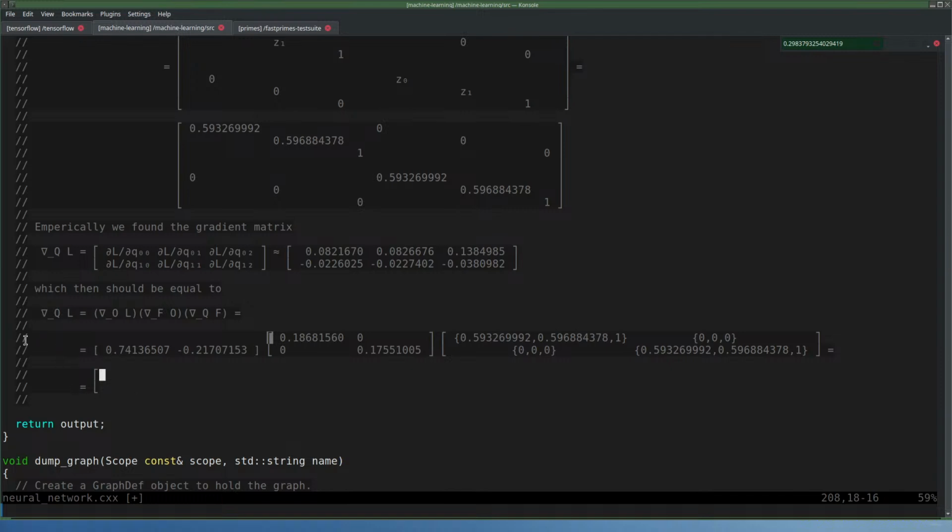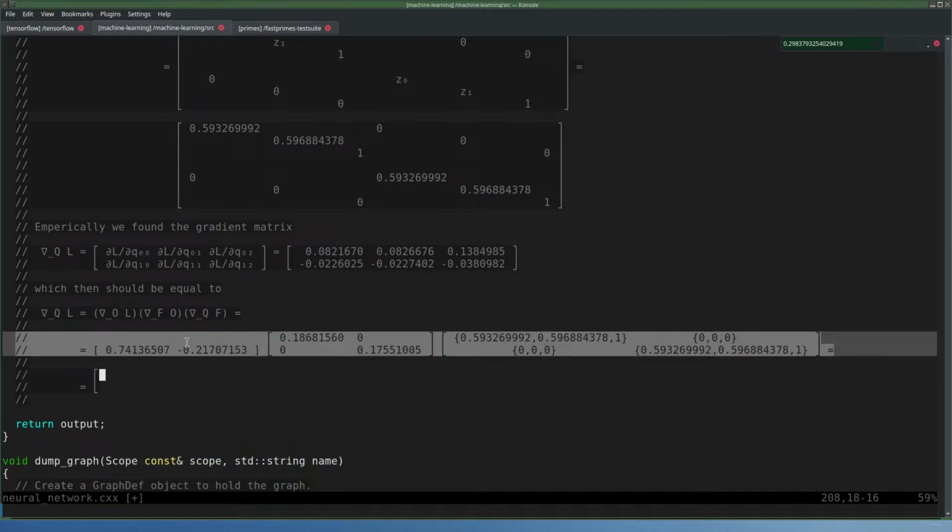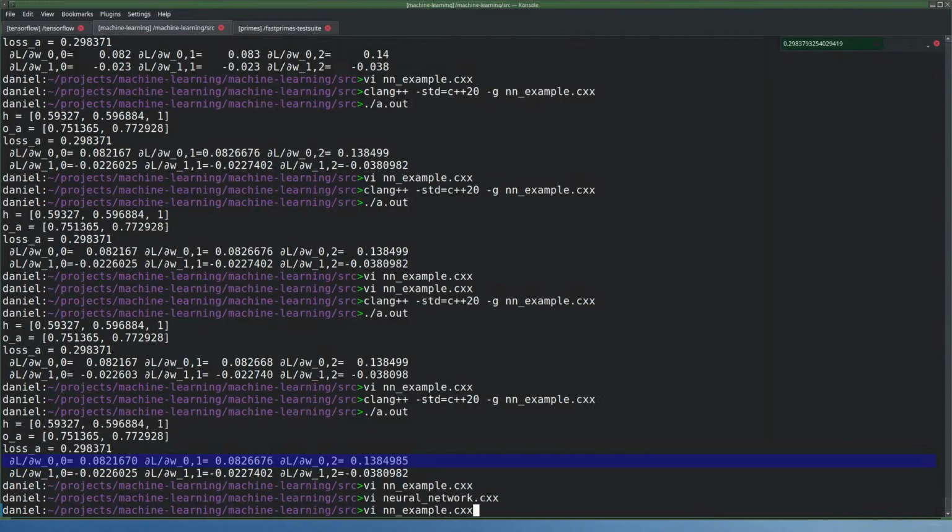So maybe I should calculate this first with the program instead of putting 20 minutes into trying to do it manually. Now I have my program anyway.